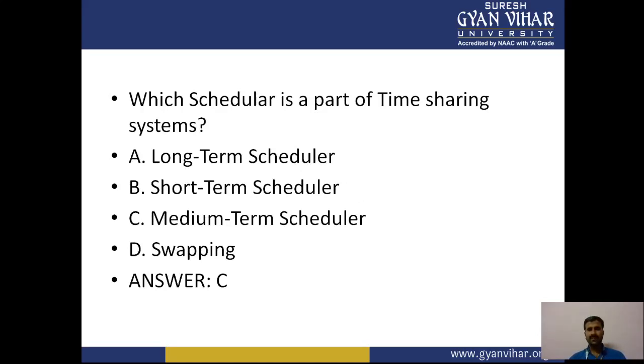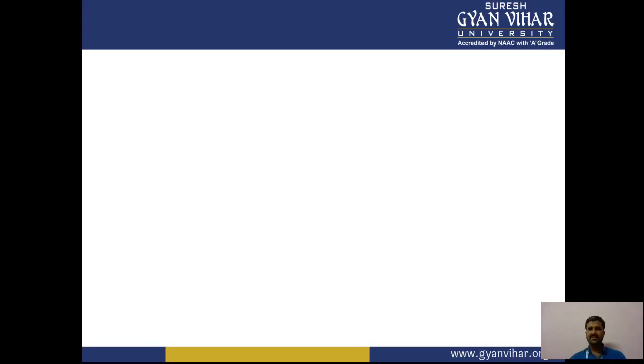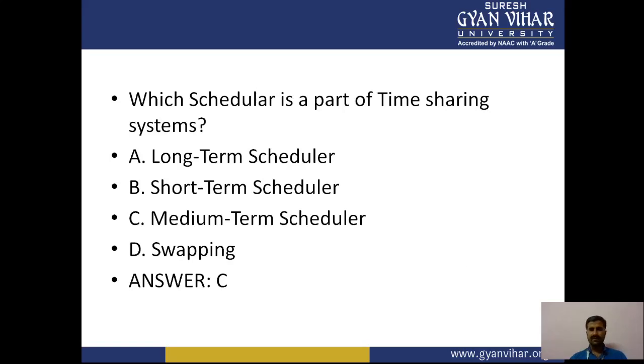Long-term, short-term, medium-term, swapping. The medium-term scheduler is the scheduler which is part of the time sharing operating system. So C is the right answer, that is the medium-term scheduler.